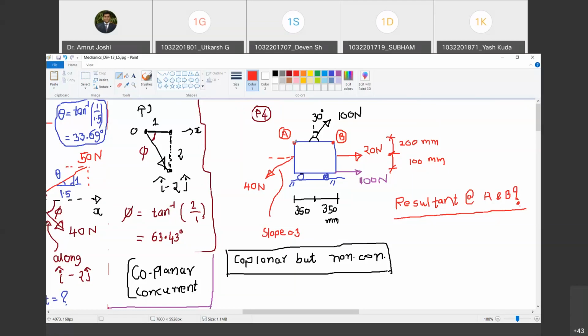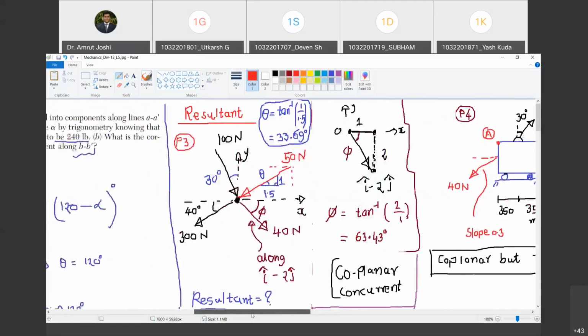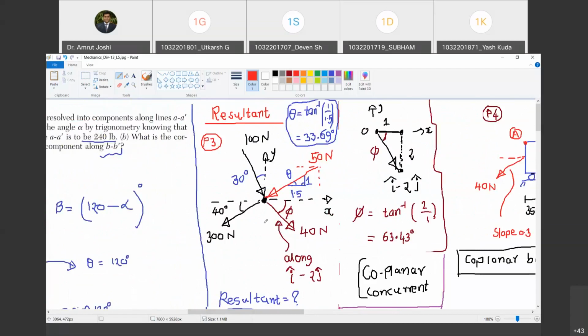Okay. Is this narrative different than the earlier problem? Definitely. In the earlier problem, it was not specified where you have to find out the resultant. Do you agree with me? Yes, sir. And why was it not specified? Because you idealize the body as a particle. So there is no question. The body is a single particle, so where do you find the resultant? On that same particle.